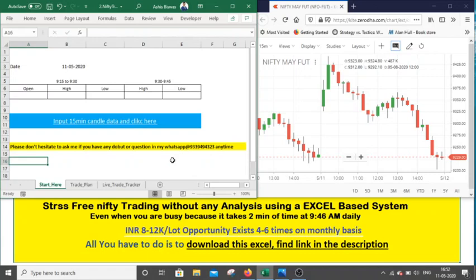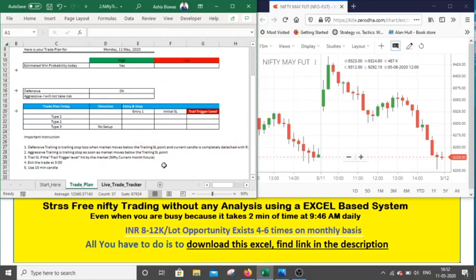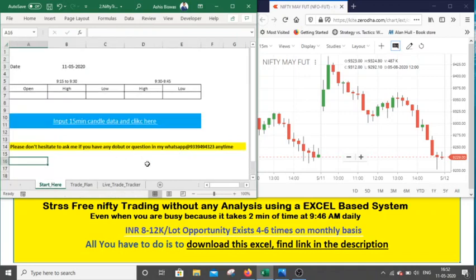Some trades also give us losses, but based on the trailing stop methodology I will describe, most of the trades either close in profit or we exit cost to cost. On very rare occasions we take a loss.